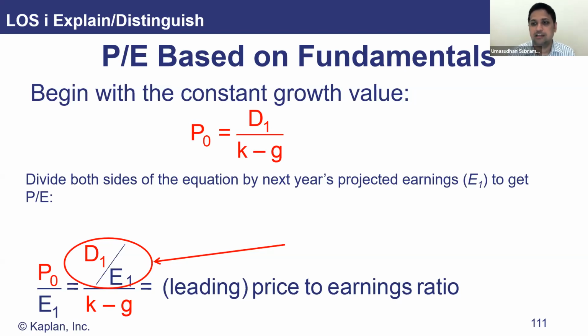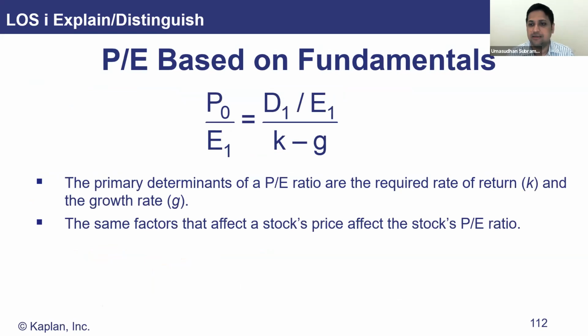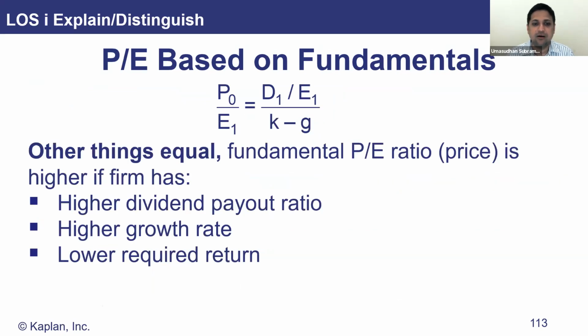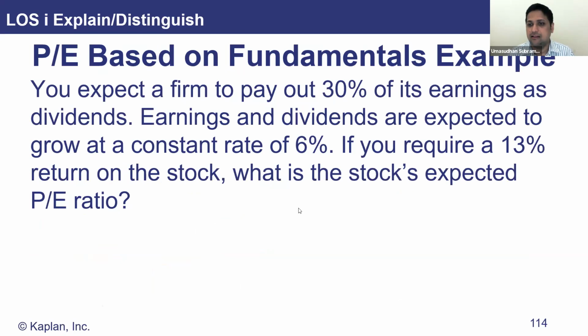So this is basically your dividend payout ratio. So you divide your payout ratio by your cost of equity minus growth rate. That is going to give you your PE ratio. Let's take a look at an illustration and understand how this is calculated, and then try to understand more on interpreting the ratio.